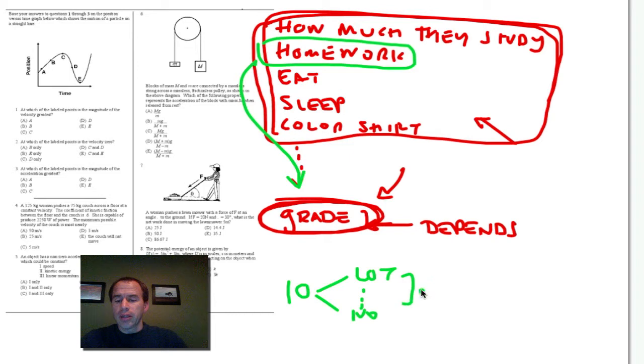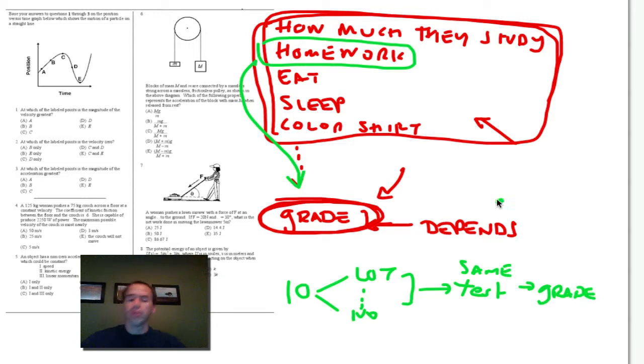Then they come in the next day, and they all take the same test, and we check to see what their grade is on that test. Some of them are going to do better, some worse, and we can look for some kind of relationship between their grade and how much homework they did.